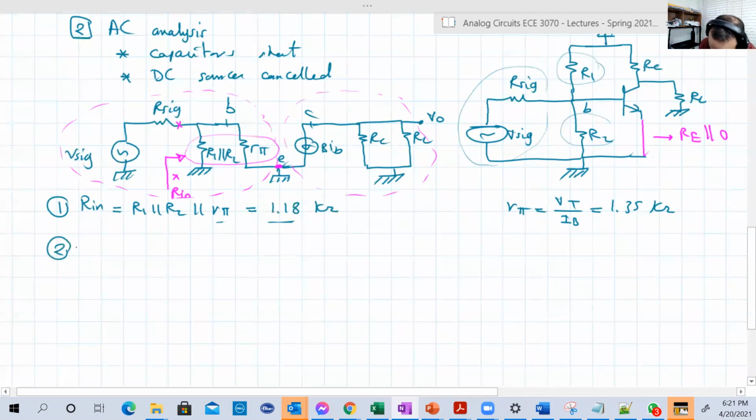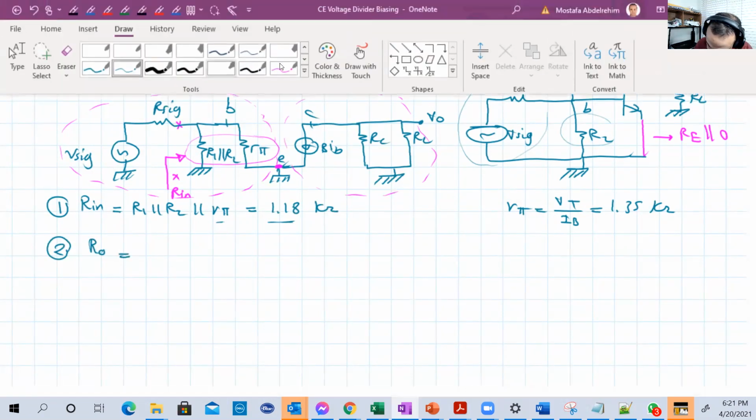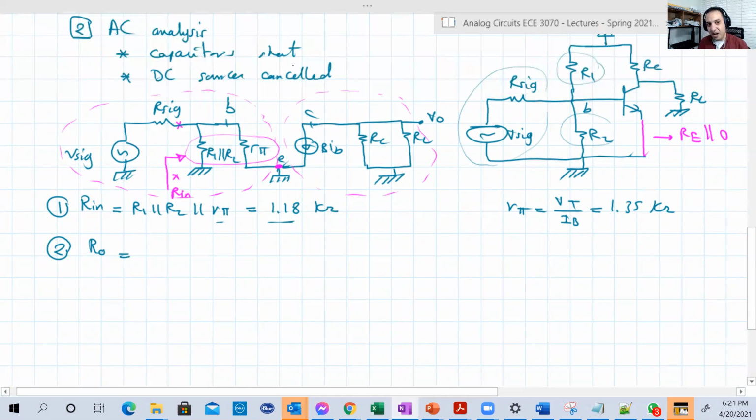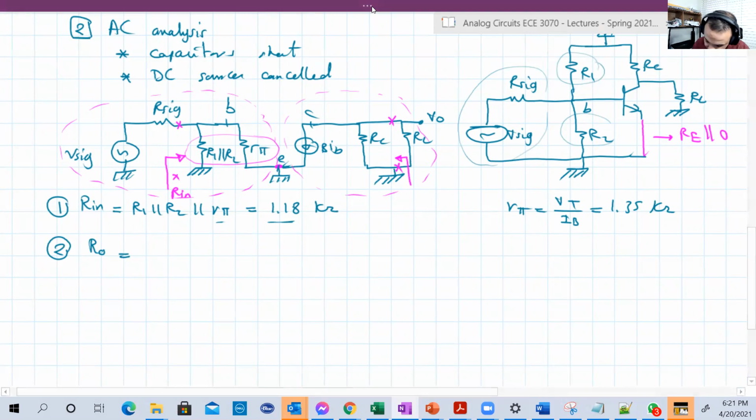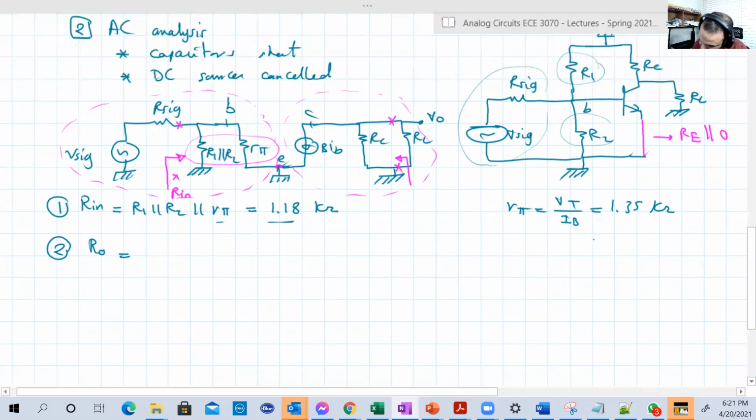Number two, RO. RO is the resistance seen by the load. So we look between these two points, and of course, we cancel any source. Let's do it separately, not to confuse you.